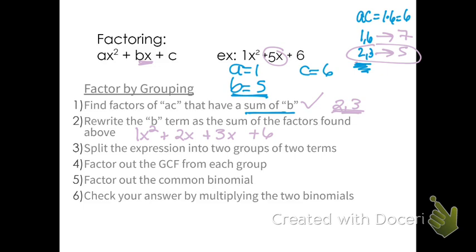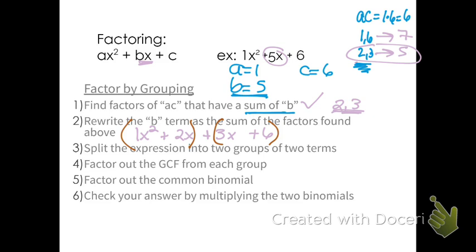Now step 3, you're going to split this expression into two groups of two terms. So you'll put parentheses around the first two terms and parentheses around the second two terms. Step 4, you're going to factor out a GCF from each group. So you're going to think of it as two mini problems. So 1x squared plus 2x, that's a mini problem.